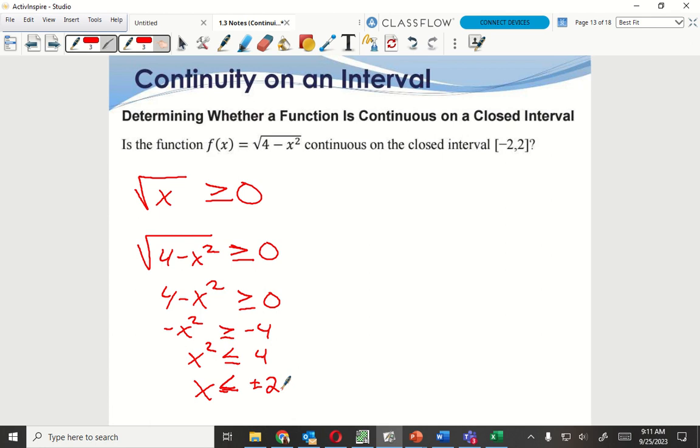All right, let's see where that works out. For these, we're testing it now. So now x has to be less than or equal to 2. So what happens when x is going to be less than or equal to 2? Let's plug it in.